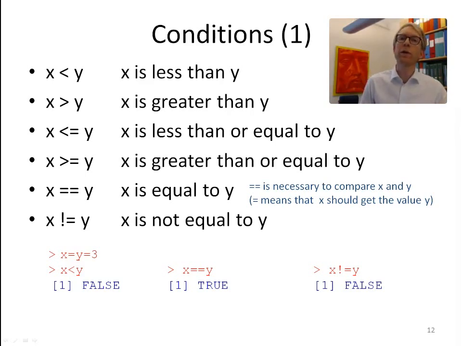You want to test whether x is equal to y, and therefore you have to use double equal signs, x == y. That is a condition testing whether x is equal to y, because the single equal sign was already used up for assigning values to x.